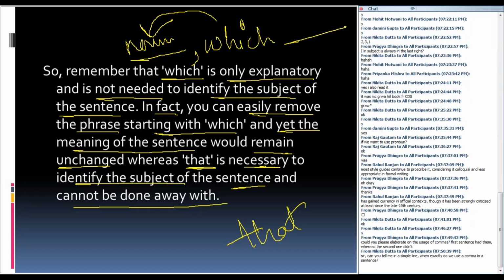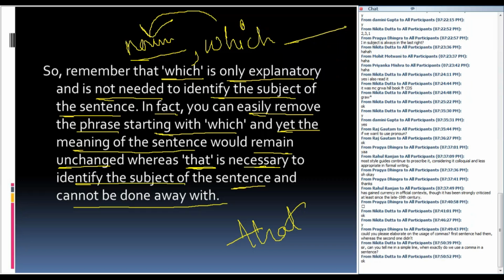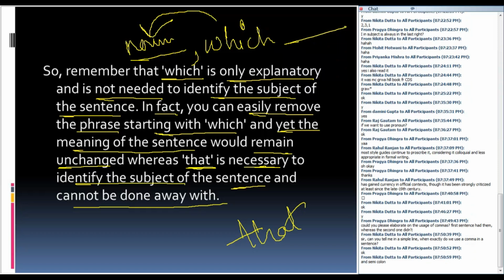Can you tell me in a simple line when exactly do you use a comma? When you want to separate things or when you want to take a pause? Then you use a comma. See, semicolon and colon: many people, different books will tell you different things.